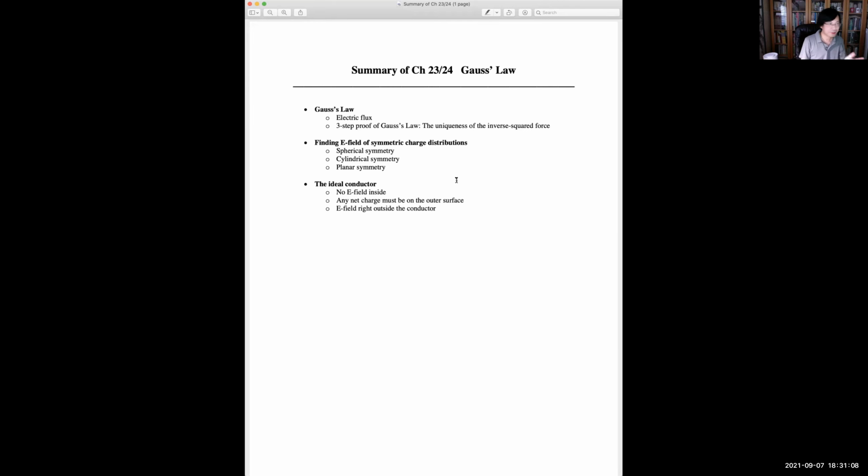For cylindrical symmetry, same idea. If you have a very long line, for example, uniformly distributed charge, a very, very long straight line, you know the electric fields are cylindrically symmetrical, right? Radially outward, perpendicular to the line. So because of that, this time we can use a Gaussian cylinder to enclose part of this source. And then anywhere on the surface of that cylinder, because of symmetry, the E field has the same magnitude and it's radially outward, assuming lambda is positive.